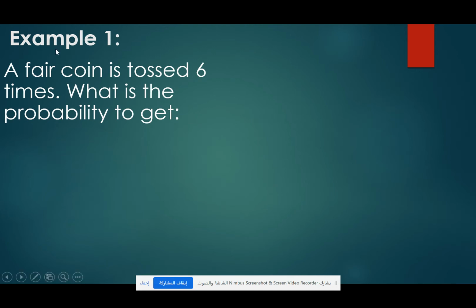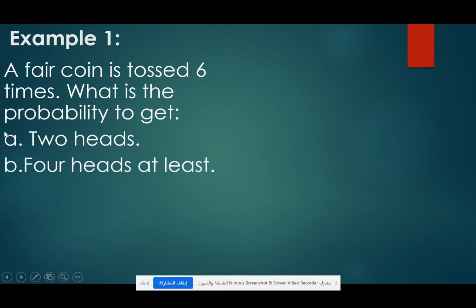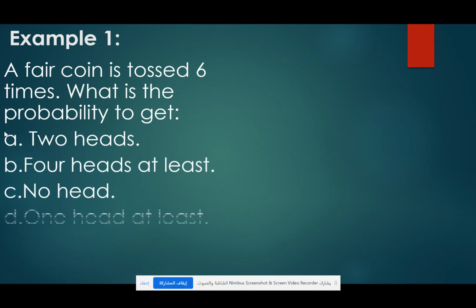And tossing it 6 times means the number of trials for this experiment is 6, which is going to be the value of n. Now he is going to ask: A, what is the probability of getting 2 heads; B, 4 heads at least; C, no head; D, 1 head at least.